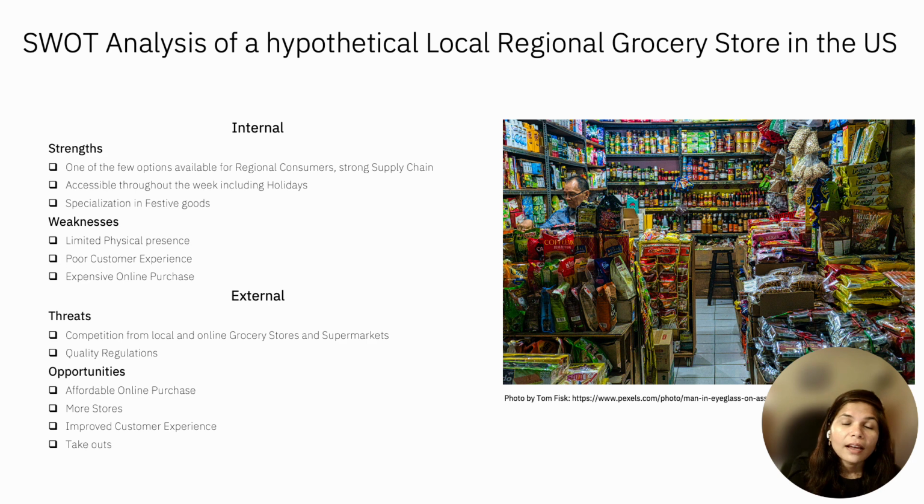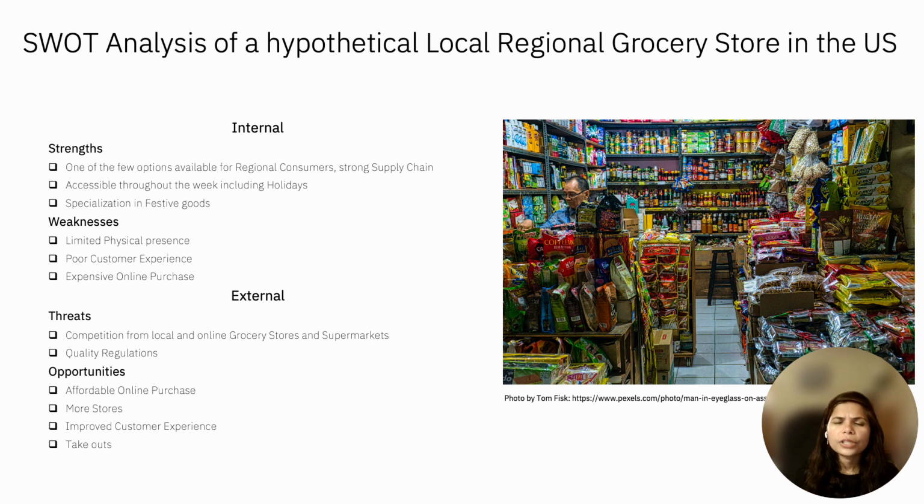Assuming there are not many options for shopping for Indian groceries, one strength is that it is only one of the few, or the only store available locally for fulfilling the specific needs of Indian consumers.